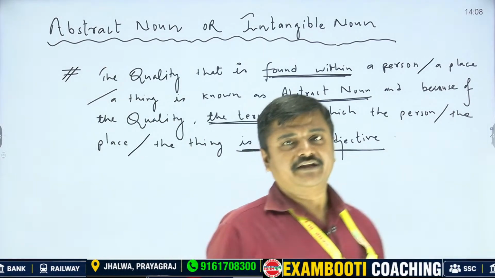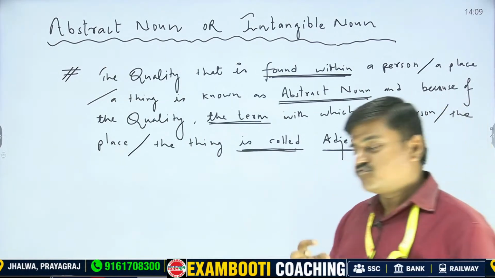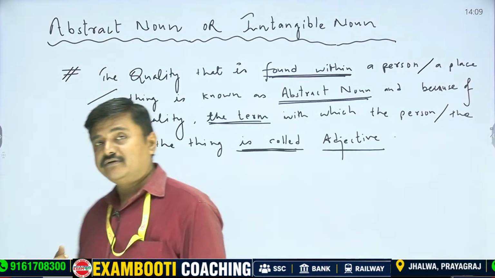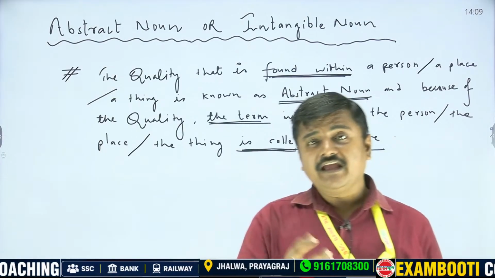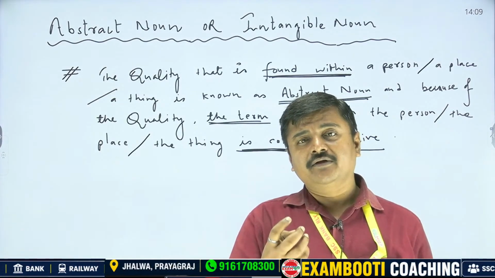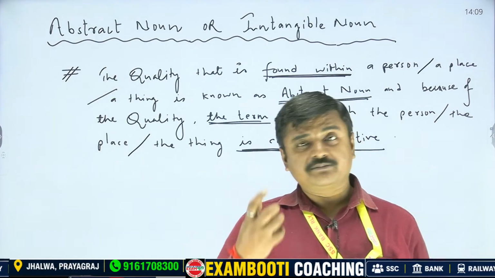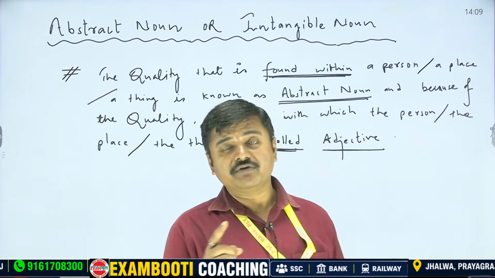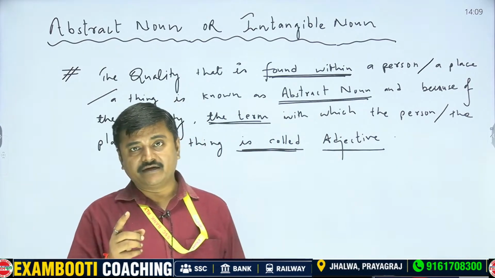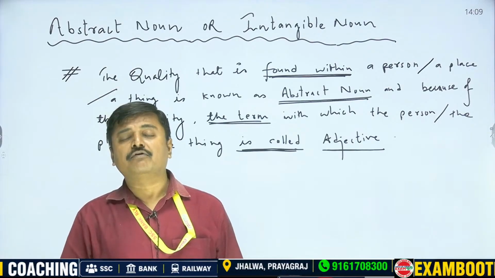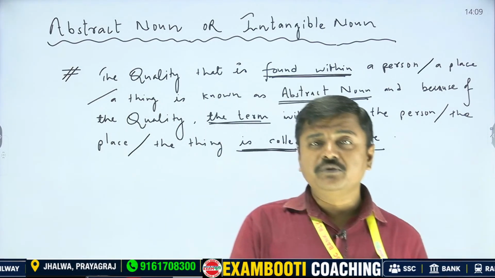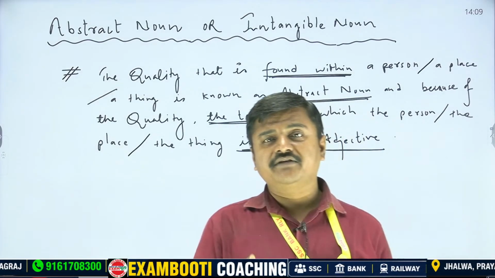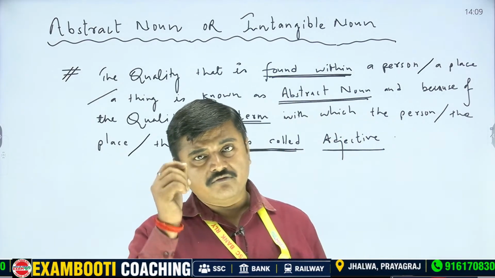Now I have written this trick, this short trick you may call it, or the way how to identify an abstract noun without getting confused and mistaking it for an adjective, because most of the time you will get confused. You are not going to identify an abstract noun very correctly.